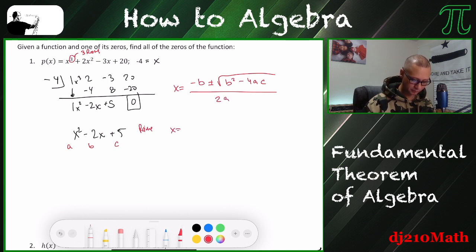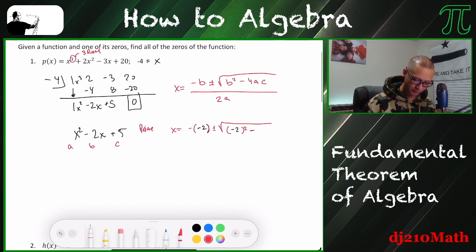So x is going to equal negative b. b is negative 2. Plus or minus the square root of negative 2 squared minus 4ac, so 1 and 5, all over 2 times a, which is just 1, so 2 times 1, which is just 2.